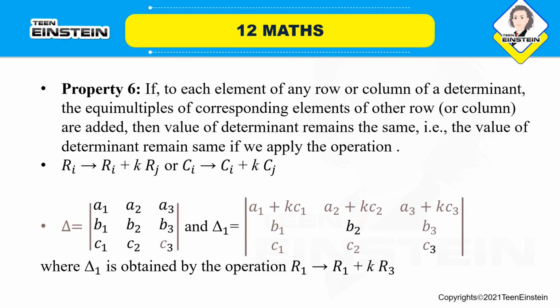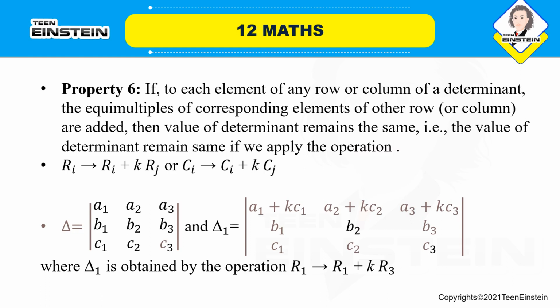Here I am considering any row Rj. Each element of Rj is multiplied by the non-zero value k and added to any other row, say Ri. Then the value of the determinant remains the same, and it is expressed as Ri goes to Ri plus k Rj. It is applicable for columns also.